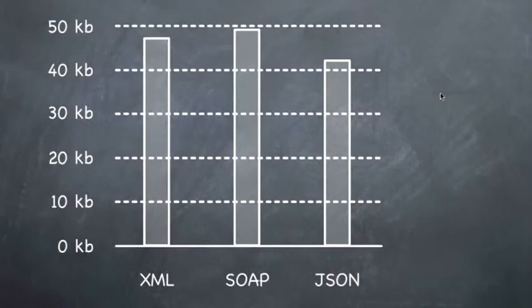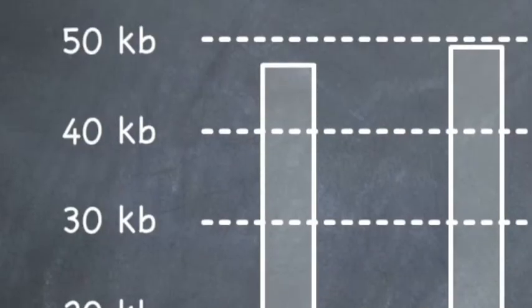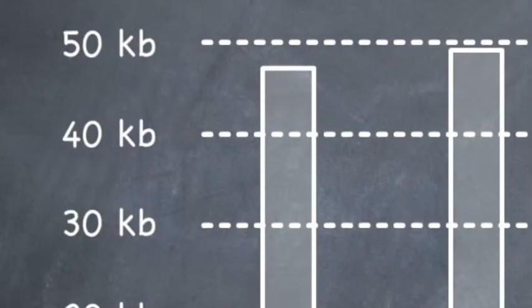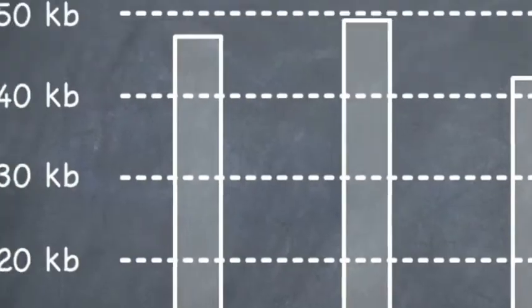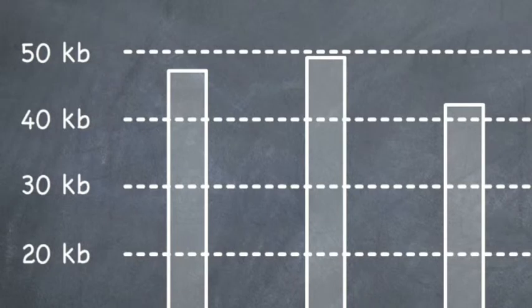If you look at the 5,000 records with web server compression on, using this variety of different data sets, you can see that for XML, we're looking at just about 48K. For SOAP, we're looking at almost 50K, and for JSON, we're still above 40K, at about 42K for 5,000 rows of this particular data set.